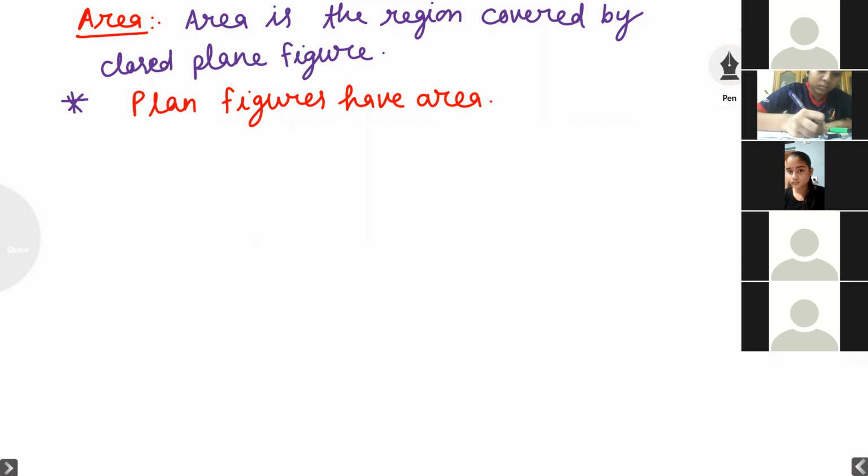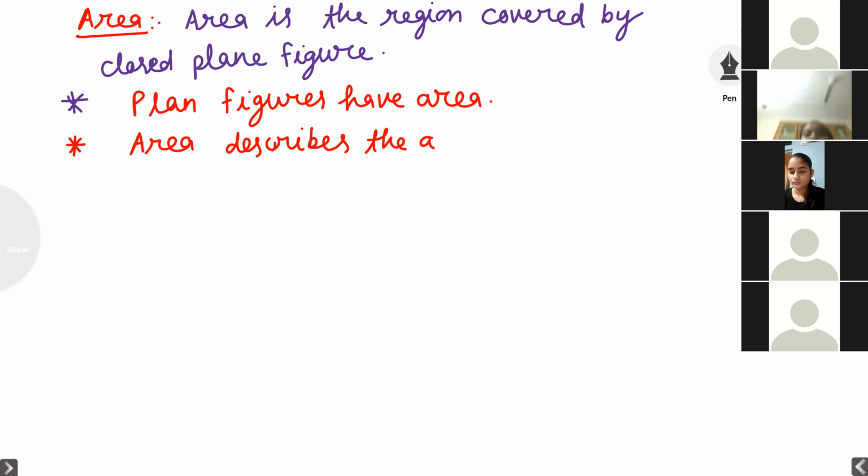Second star point: area describes the amount of space enclosed.